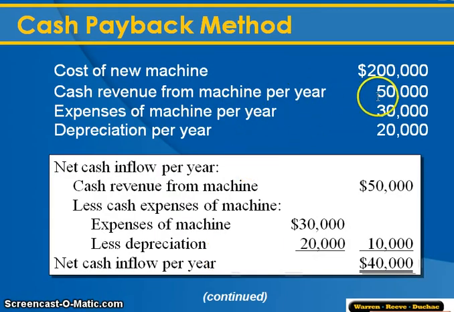Well, this machine is going to make me $50,000 a year, but it's also going to cost me $30,000 a year to run this machine, and it's got depreciation every year of $20,000. So what we're really going to consider here is, the $20,000 of depreciation is within this $30,000 of expenses in the machine every year.